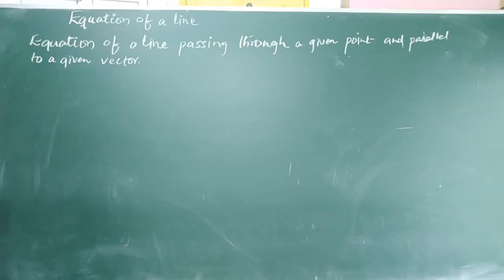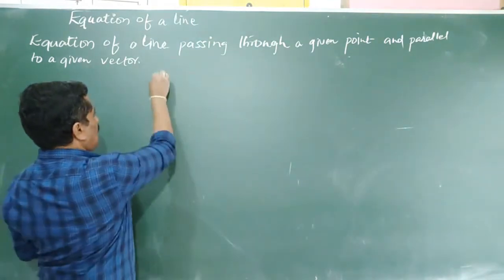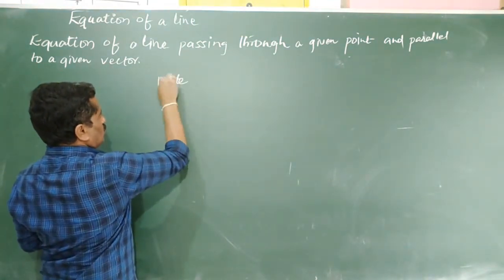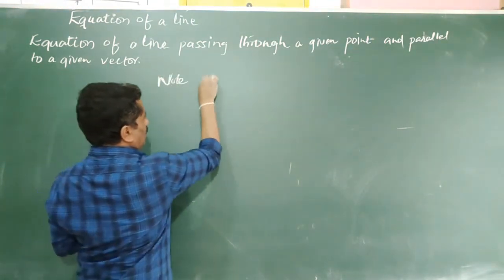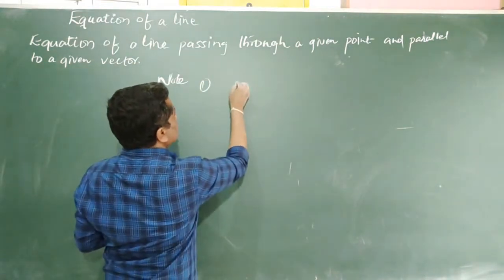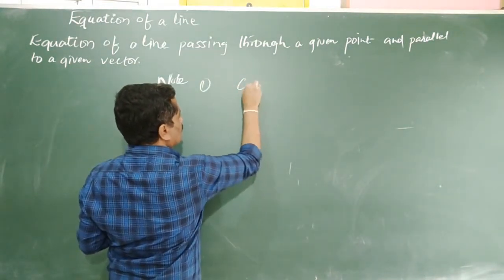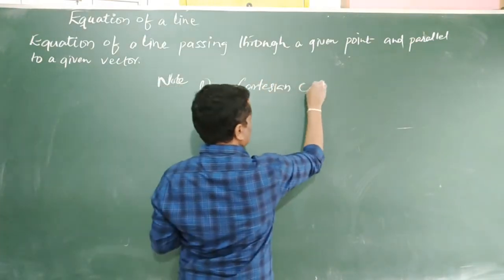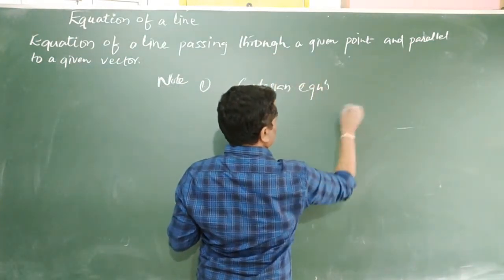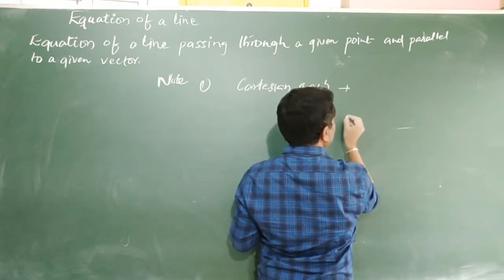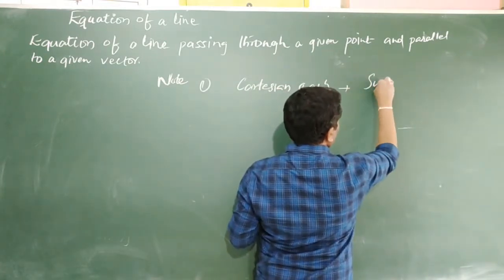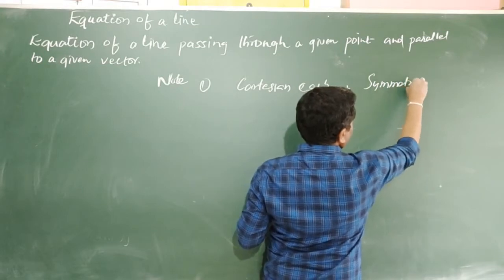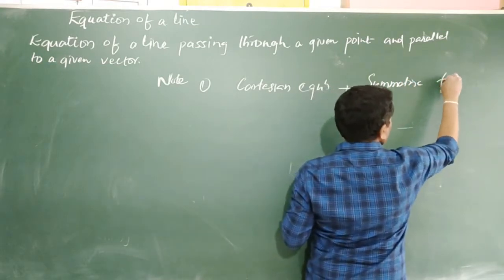Next, using this we have 3 points. Note number 1, this Cartesian equation is also called the symmetric form.